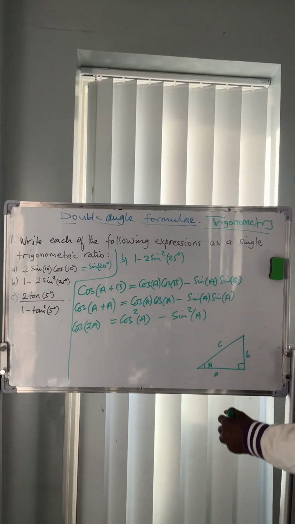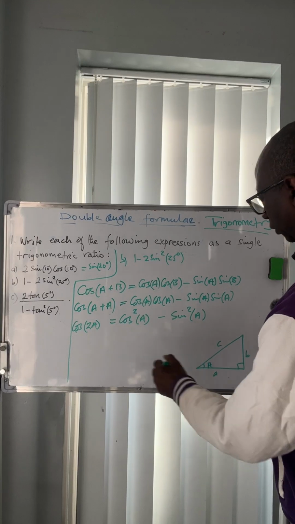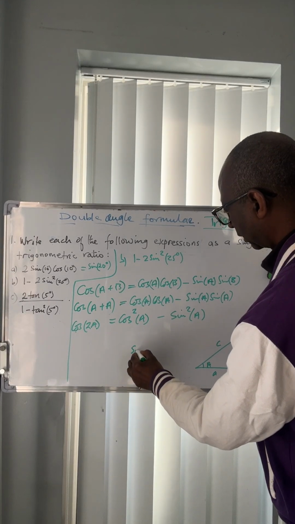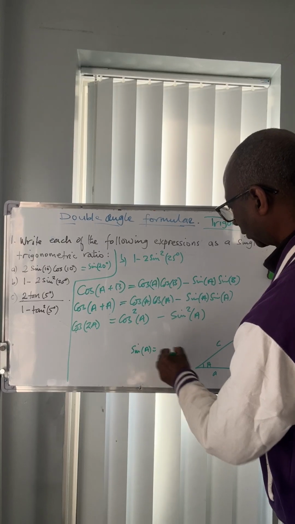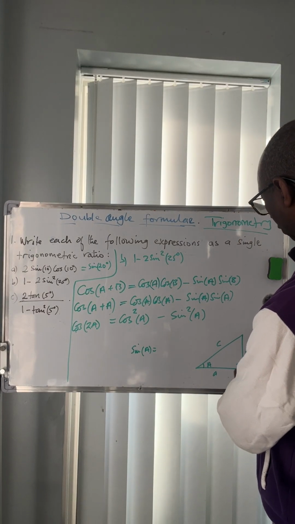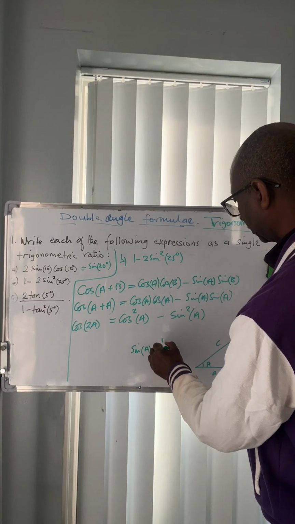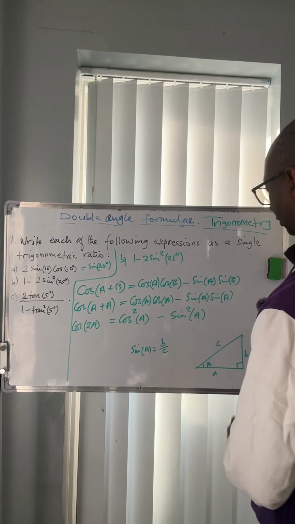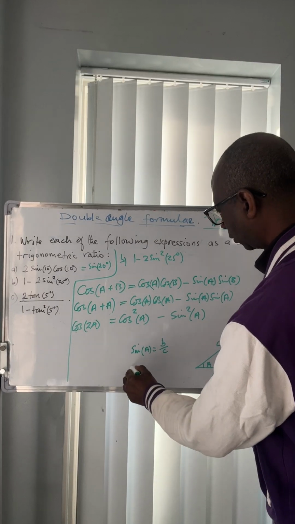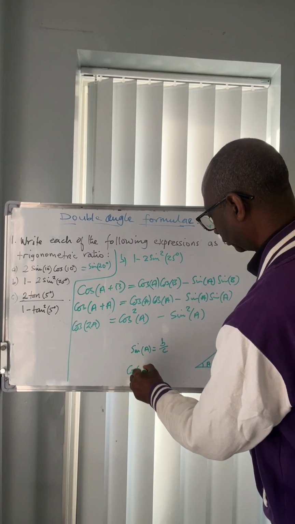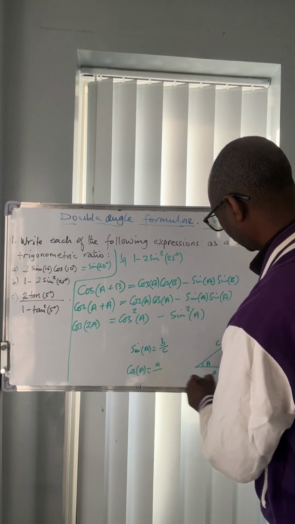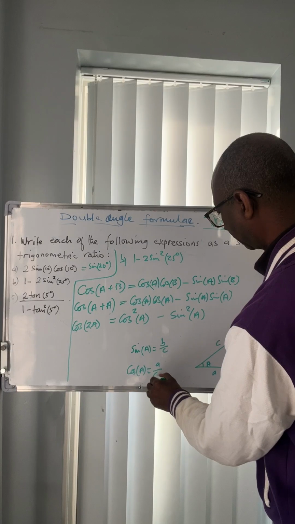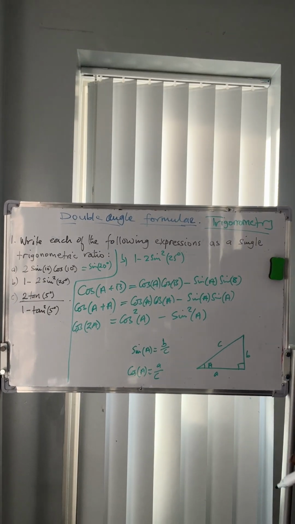If I apply the trig functions here, sine of A is equal to opposite over hypotenuse. The cosine of A is adjacent over hypotenuse. Correct?